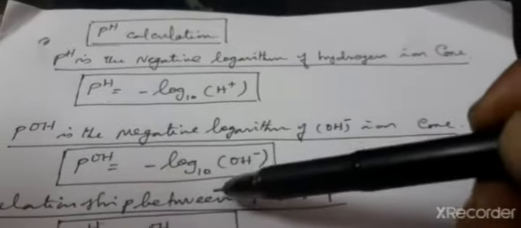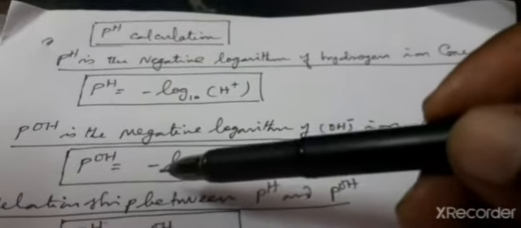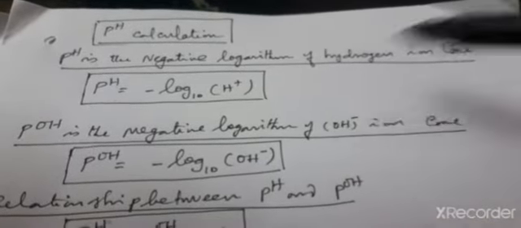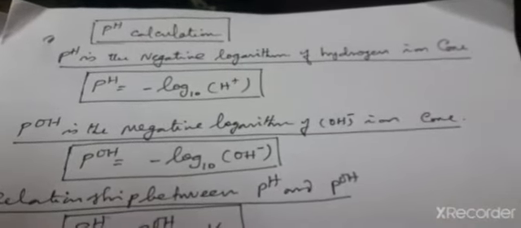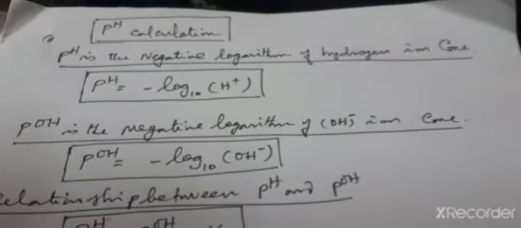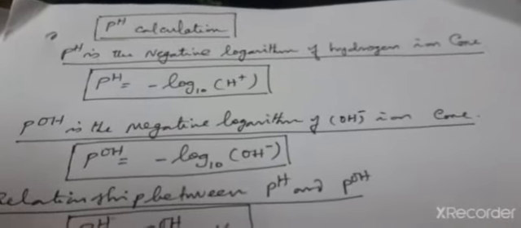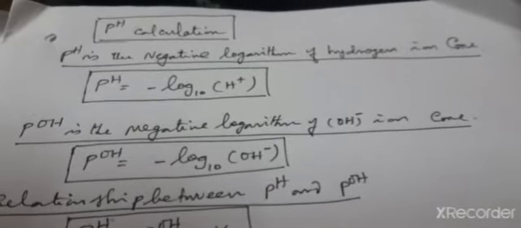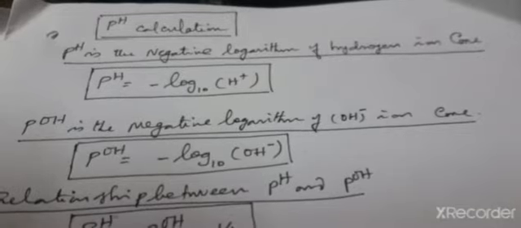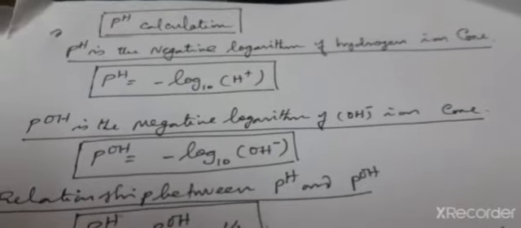That can be written using the formula pOH is equal to minus log 10 OH minus, that is hydroxyl ion concentration. So these are the two formulas you have to learn. pH is equal to minus log 10 H plus, the negative logarithm of hydrogen ion concentration. pOH is minus log 10 OH minus, the negative logarithm of hydroxyl ion concentration.